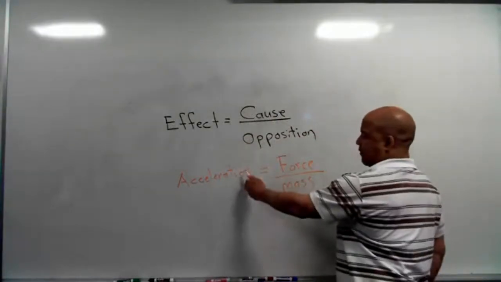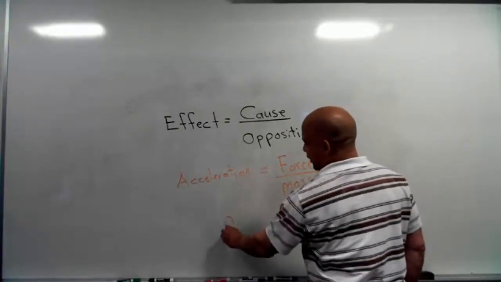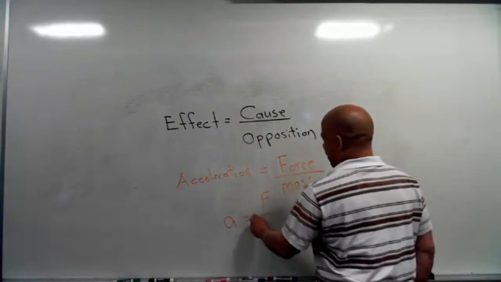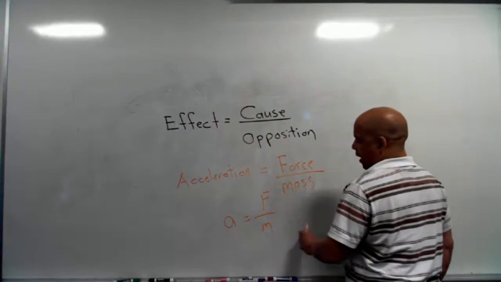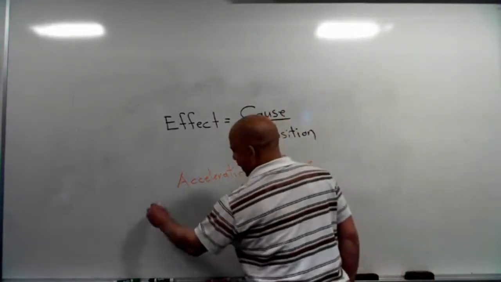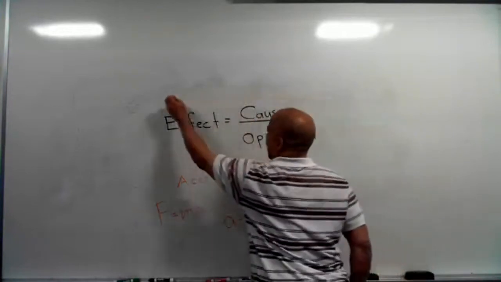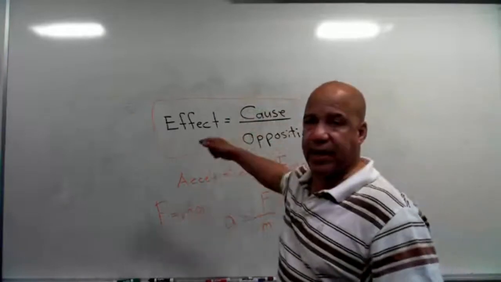And so from this, if I use letters to represent this, for acceleration we use a lowercase a. For force we use an uppercase F. For mass we use a lowercase m. And you might recognize this as one of Newton's laws, F equals ma if you have physics. But it started right here. When Newton came up with this is what he was thinking about.